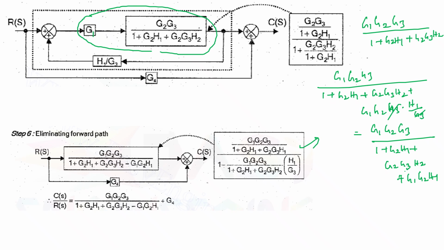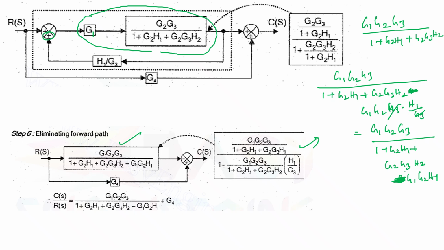Okay. Now this entire block is there in the forward path, and if it is a positive feedback, then this has to be a minus. This has to be a minus sign. Like you can see it here, this one G1 G2 G3 divided by 1 plus G2 H1 plus G2 G3 H2 minus G1 G2 H1.